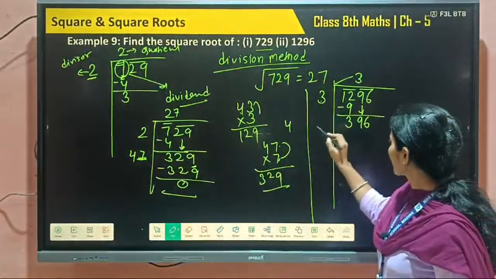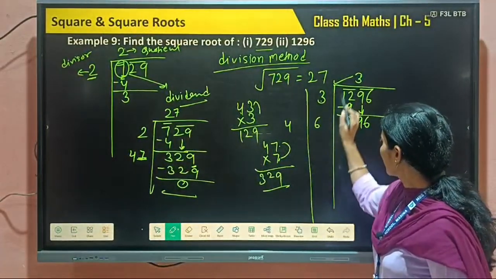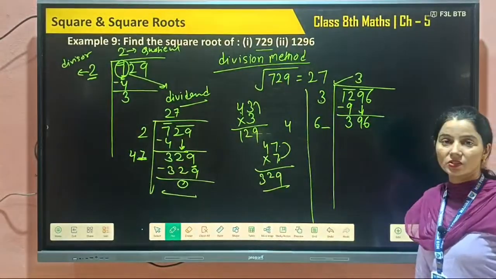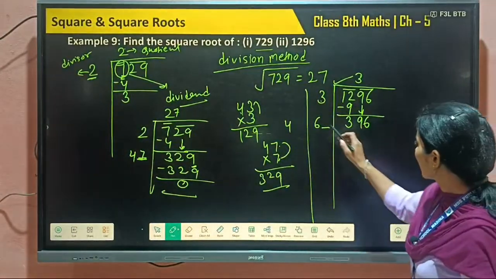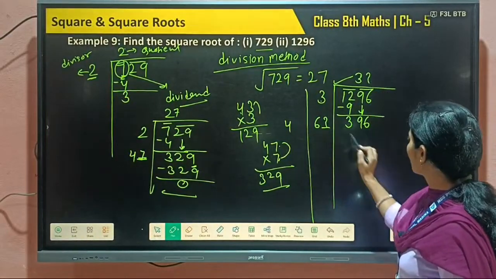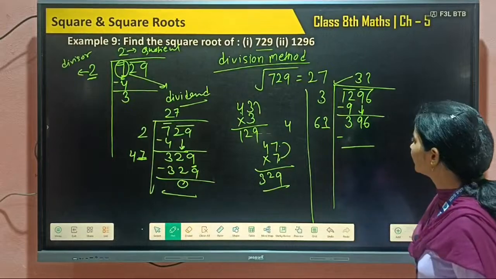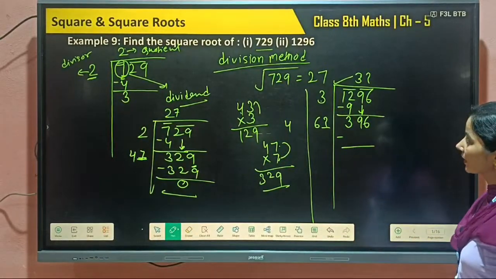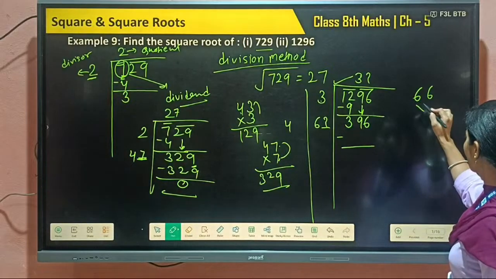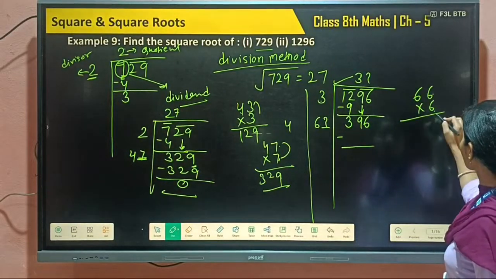Now double the quotient will be 6, and we insert this 6 leaving a blank on the right side of this digit. Now think about one number, write the same number there, and write the multiplication there. What will that number be? It is 6. Let us try 6: 6 6s are 36.